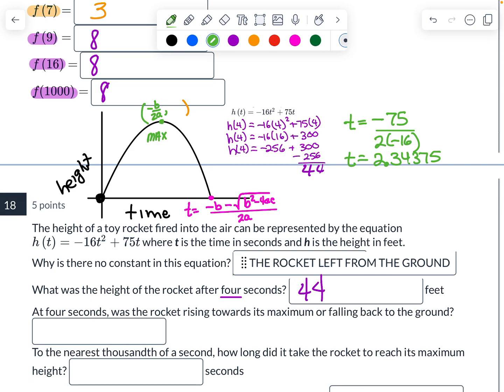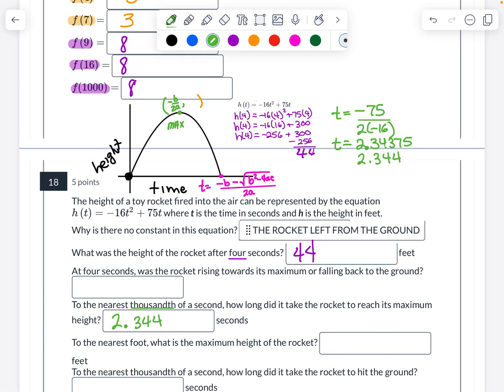And the problem says to round to the nearest thousandth. So that would be 2.344.